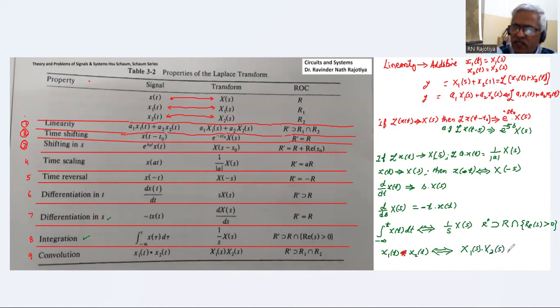And again the ROC will contain the complete area which is an intersection of R1 and R2.